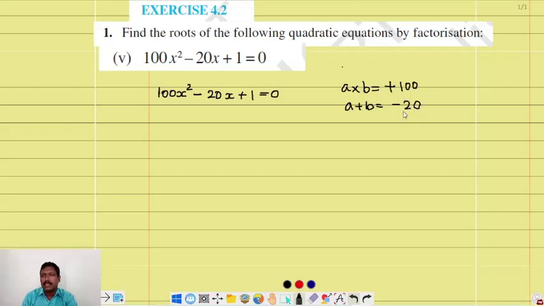So product 100, sum 20. Since the product is positive, that means the sum of two numbers is 20. So both numbers will be 10 and 10 because it's a perfect square. See here, this will be minus 10 and this also minus 10.